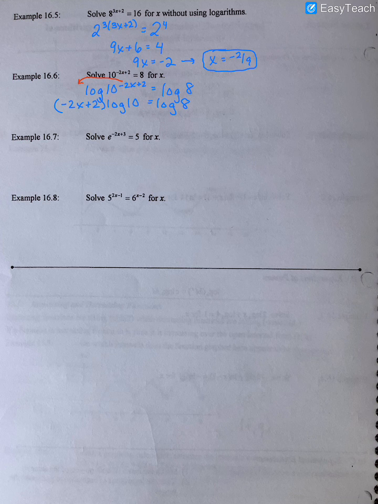Now, if you are quick enough to catch it, log 10. Notice log 10 is log base 10 of 10. And so with that in mind, I don't know if you remember the rule or not, but if a log has the same base and the same insides, that equals 1. So log base 10 of 10 is just 1.